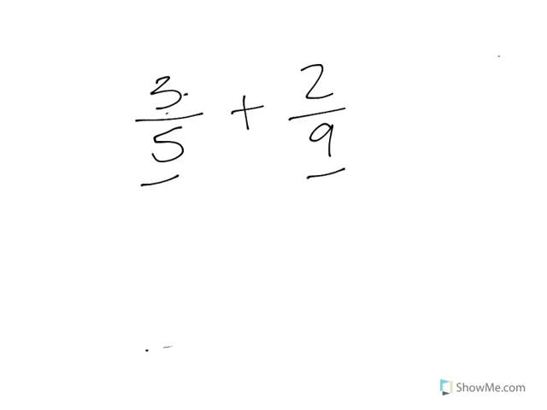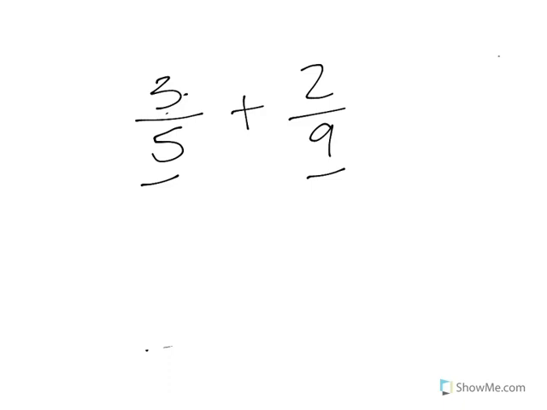Let's say that we have 3/5 and 2/9. Now, when we look at our denominators 5 and 9, I could go through the trouble of listing them all out, but I know my divisibility rules, and 5 and 9 would only have a common multiple by multiplying them by each other.